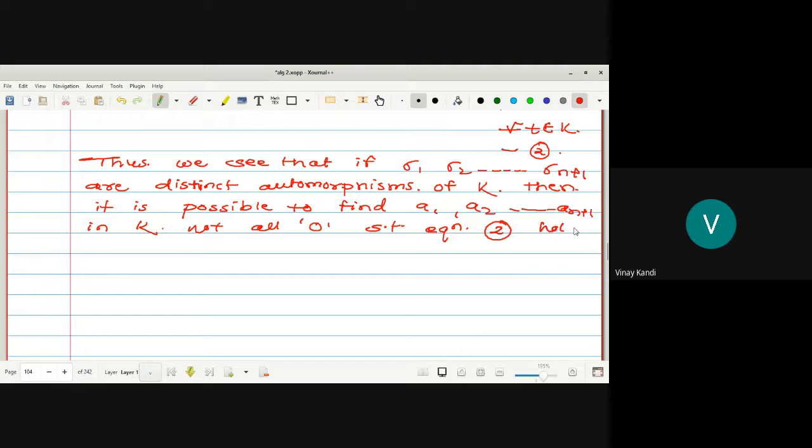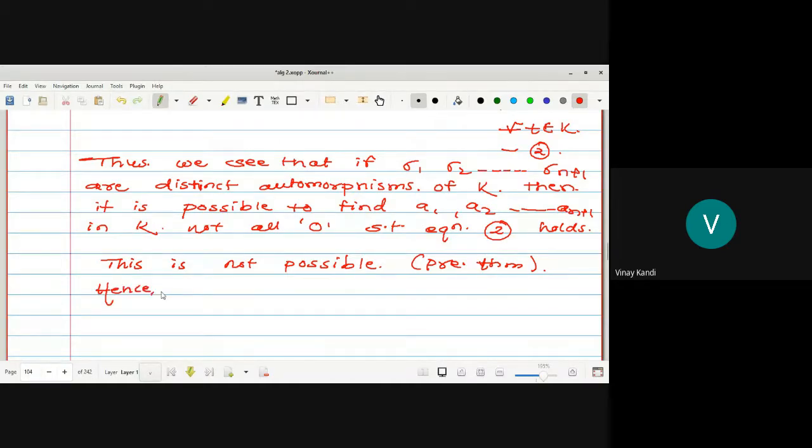But this is not possible. Why? By previous theorem, it is impossible to find a1, a2, up to an such that their linear combination with sigma 1, sigma 2, up to sigma n plus 1 is equal to 0. They are linearly independent. This is not possible. Hence, our assumption is wrong.